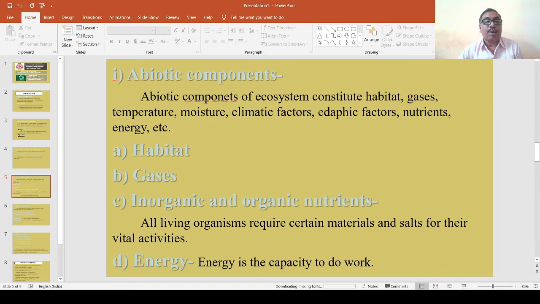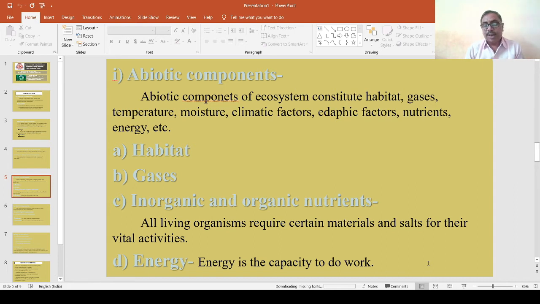Next abiotic component is energy. Energy is the capacity to do work. The main source of energy for ecosystem is the solar radiation. Means solar radiation is a driving force of energy for the ecosystem. The solar energy is continuously trapped by plants and used for various activities of organisms.